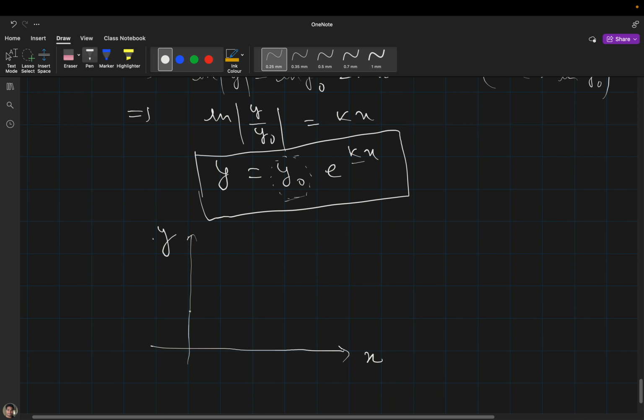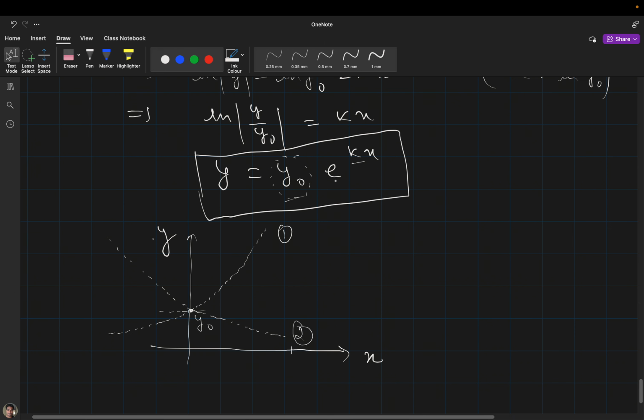Now will the graph be like this or like this? Which one is correct? The first one or the second one?